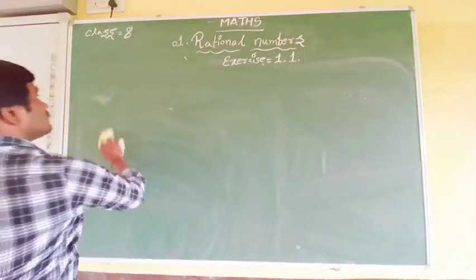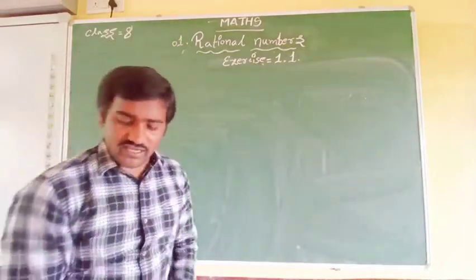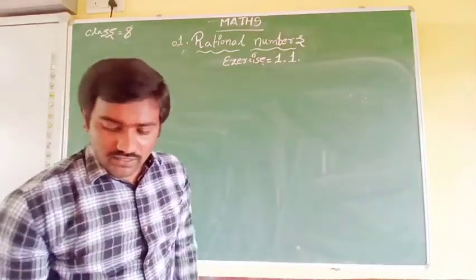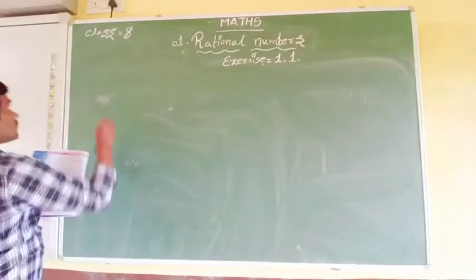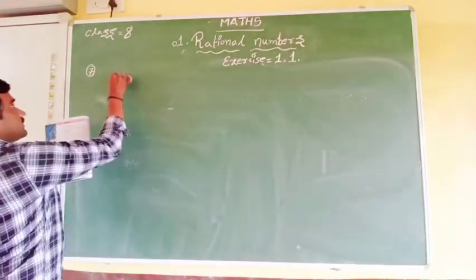Then you go for the next, 7th question in this. This kind of problems are there in the example type questions. Before the exercise, you go with that. Okay. 7th question. This is also a simplification, but we have to arrange.